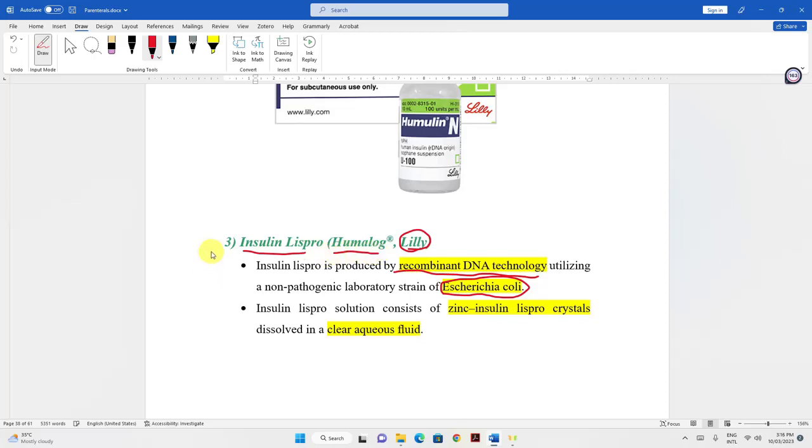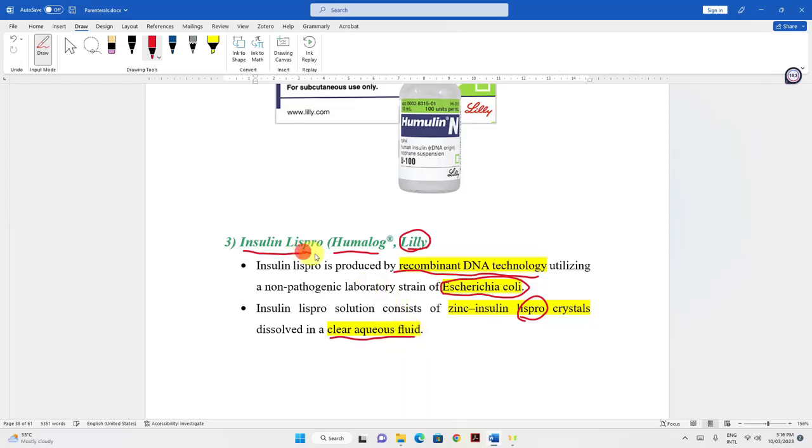Of course, again, these are zinc insulin Lispro crystals. This is not exactly the same as human insulin, it's similar, with similar effectiveness, and it is a clear aqueous fluid.